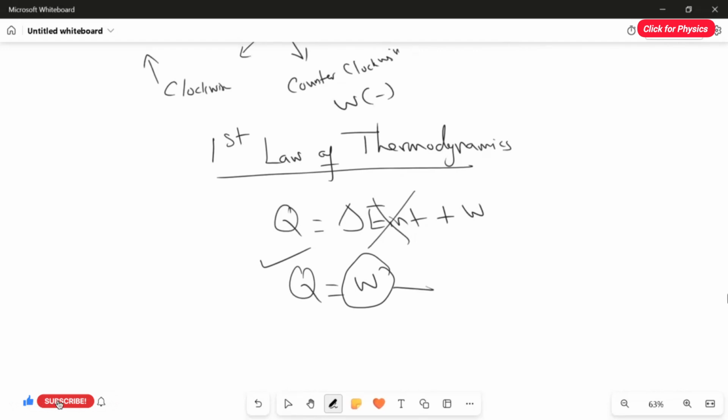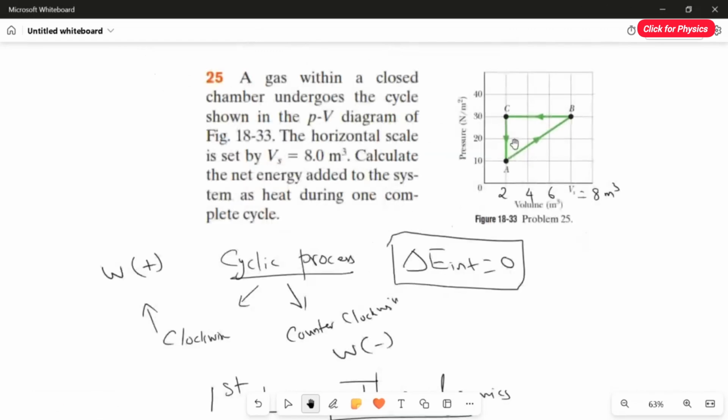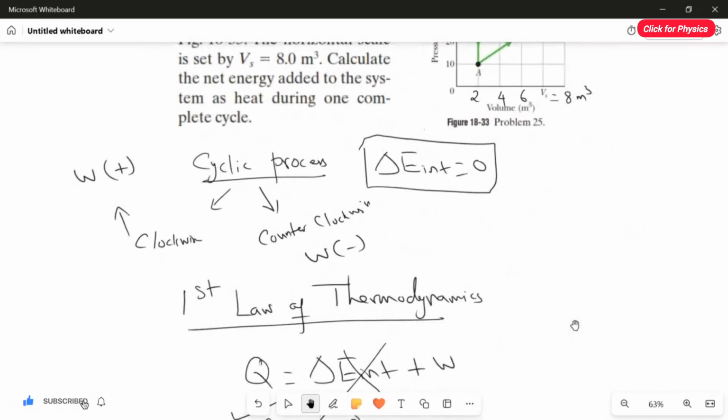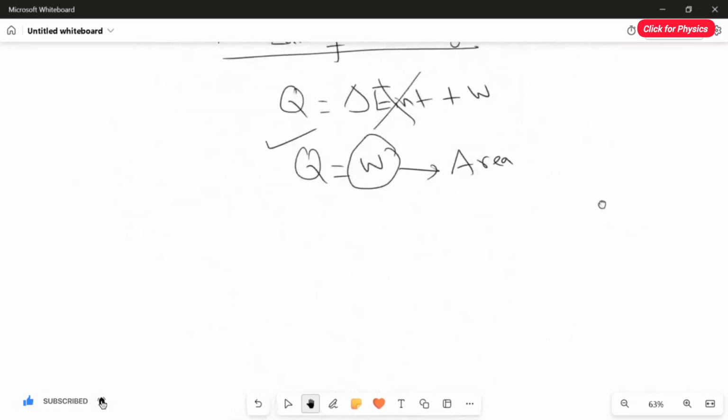And for finding the work done, we can easily find the area of the structure. Here, the area of this green region looks like the area of a triangle. So by using the formula for the area of a triangle, we can easily find the net energy added to the system as heat.